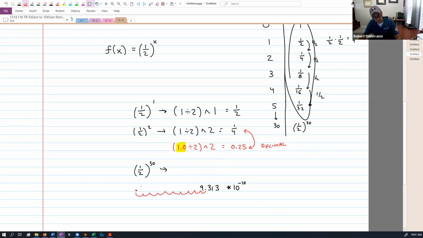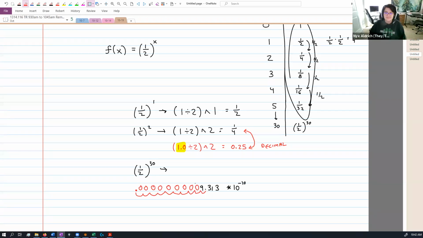So you really have 0.000000000931. That's a very small number, isn't it? Really, really small. It's an infinitesimal number. It's infinitesimally small, kind of like when I was talking about winning the lottery and getting struck by lightning, right? It's this really, really small thing.